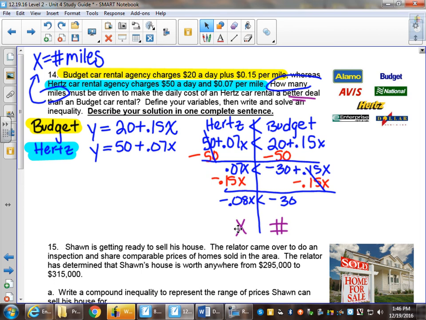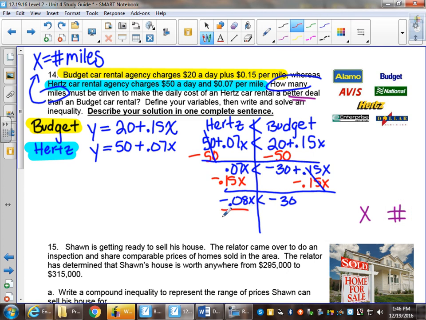Now the fact that I have a negative could be troublesome, but I notice that I have negatives on both sides, so I actually know that I'm okay, because when I divide by a negative 0.08 on both sides, these negatives will cancel.